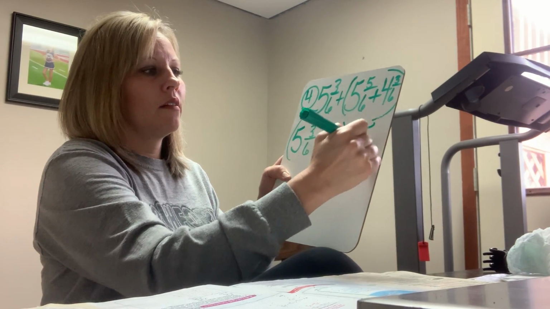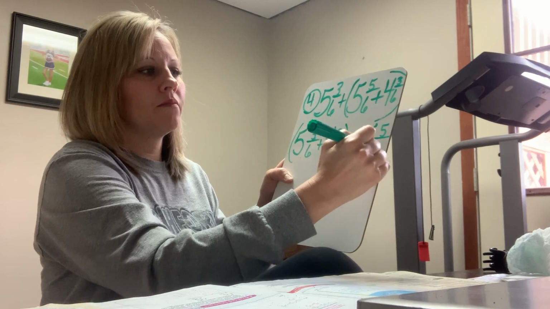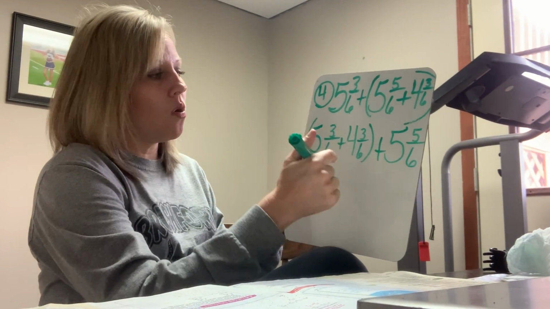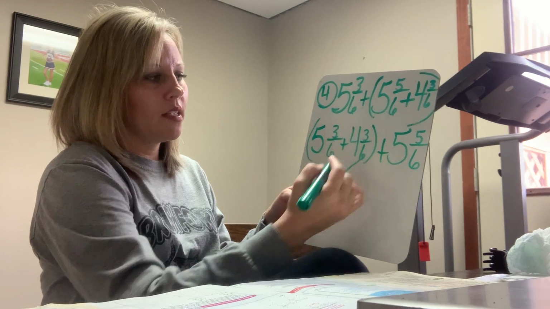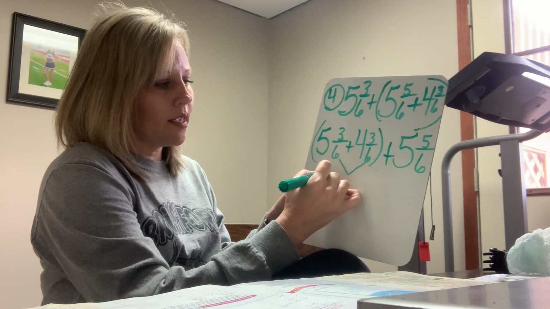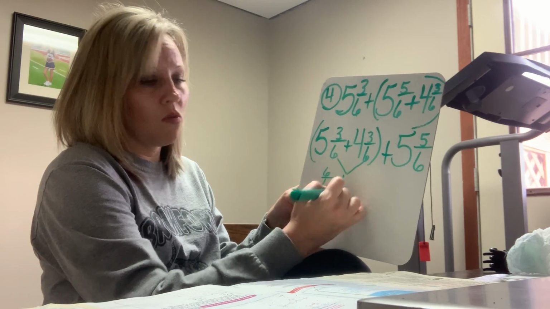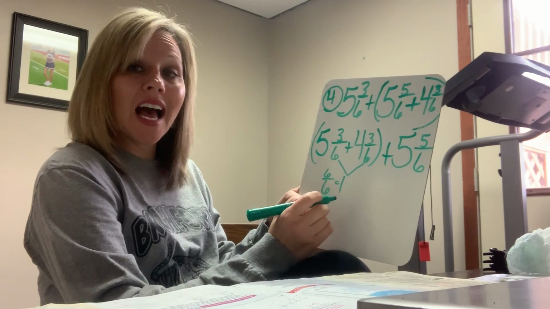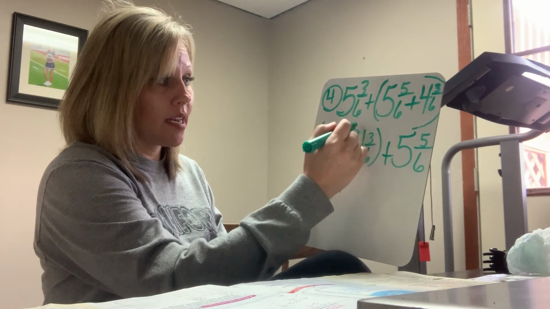Plus 5 5/6. Okay? Again, these 2 give me a whole, so I know that 3/6 plus 3/6 gives me 6/6, which gives me a whole, right? Then I'm going to add 5 plus 4 is 9. Do you see that? That's 9.